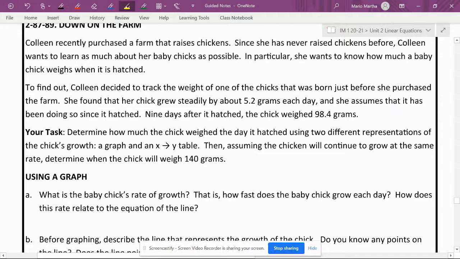So here's where you guys want to take a pause first. They're already giving you some information on how fast the weight of the chick is changing, and that's our 5.2 grams per day. And they also told us that 9 days later, the chick weighed 98.4 grams. They didn't tell us how much it weighed at the beginning when it was born, only how much it weighed 9 days later.